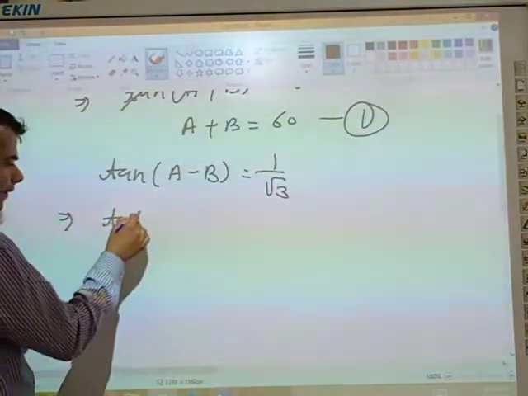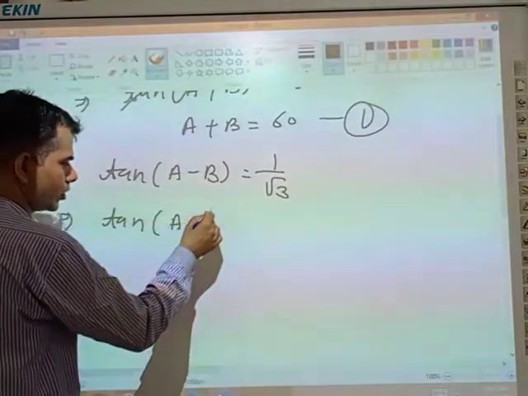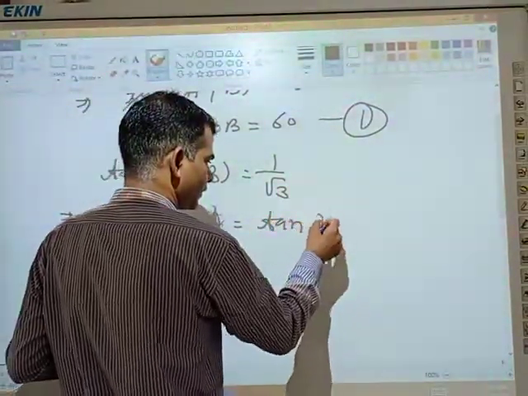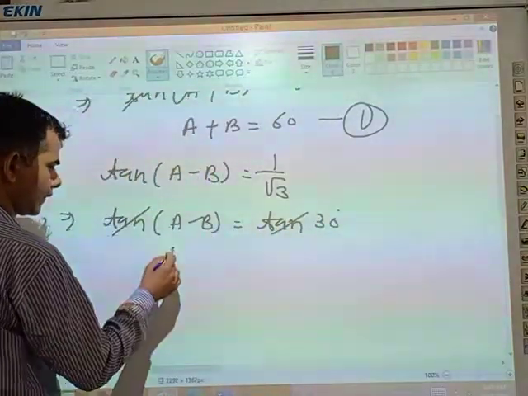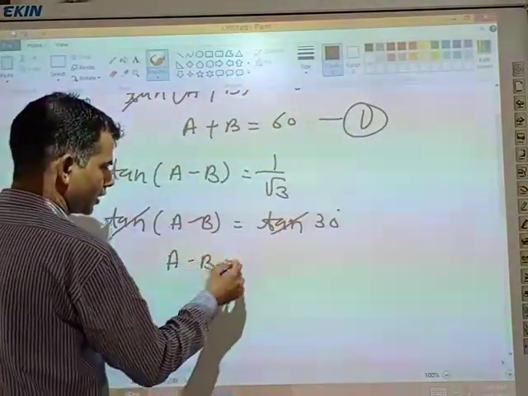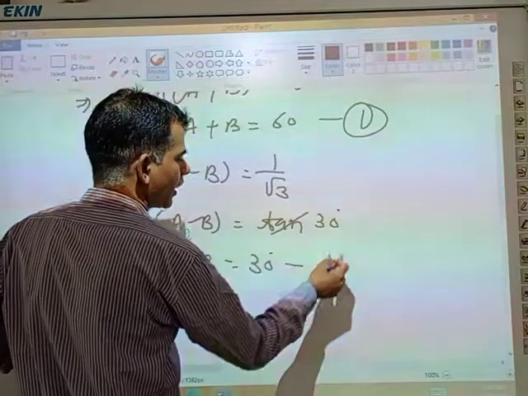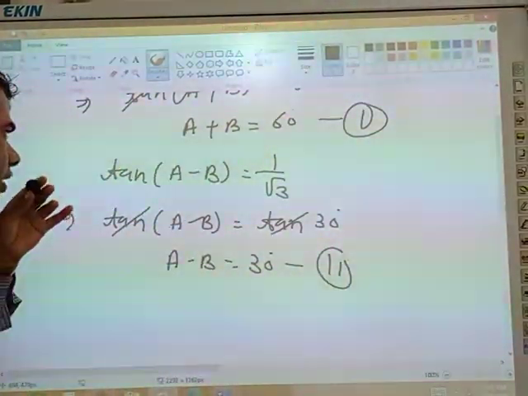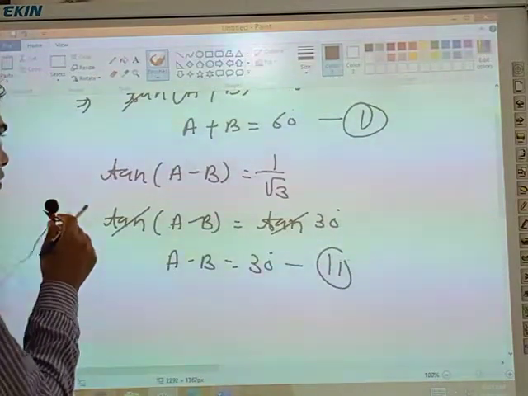Tan of a minus b is equal to tan of 30, so this equation becomes a minus b equals 30, a minus b is 30 degree. Now you are expert to solve the pair of linear equations in two variables and find out the value of a and b.